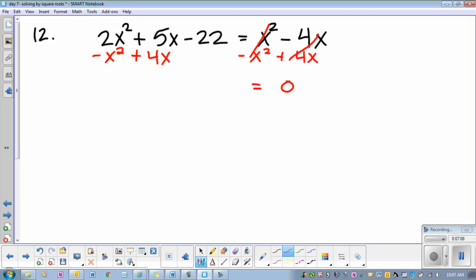Let's combine like terms over here on the left side. What is 2x squared minus x squared? 2 minus 1? 1x squared, or just x squared. And what's 5x plus 4x? 9x. And then just bring down your minus 22.